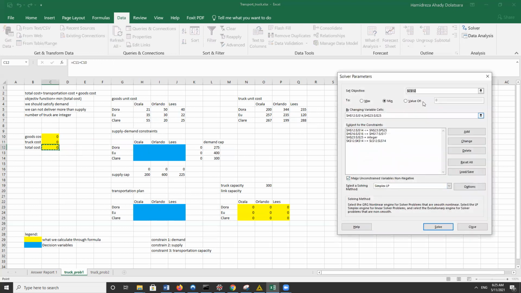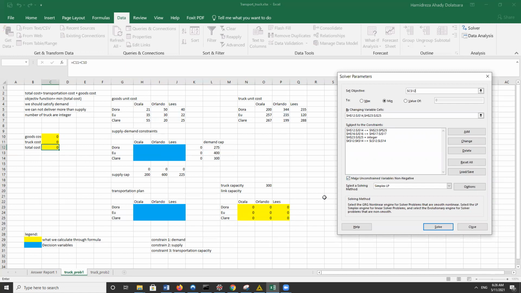If you open the solver, you can see I'm trying to minimize C12, which is total cost, the summation of goods and trucks. Look at the first constraint: H12 to J12, the first blue cell to the last cell on the first table, is less than or equal to N23 to P25, which makes sense.